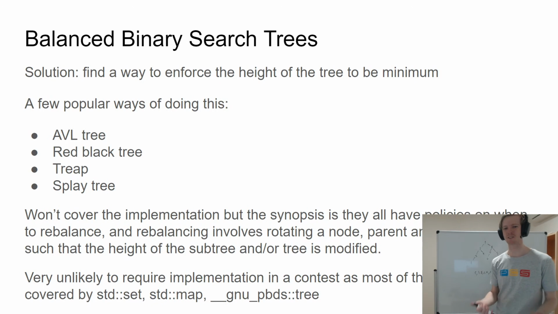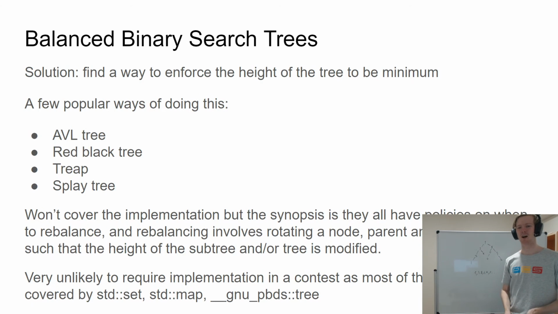If we enforce the height to be minimum, we can guarantee that our solution will be worst case logarithmic time. This doesn't necessarily mean that it'll be the best case running time. So this data structure is called a balanced binary search tree.